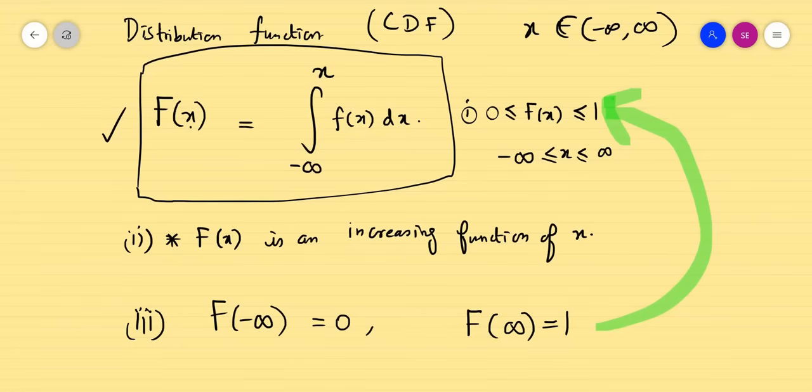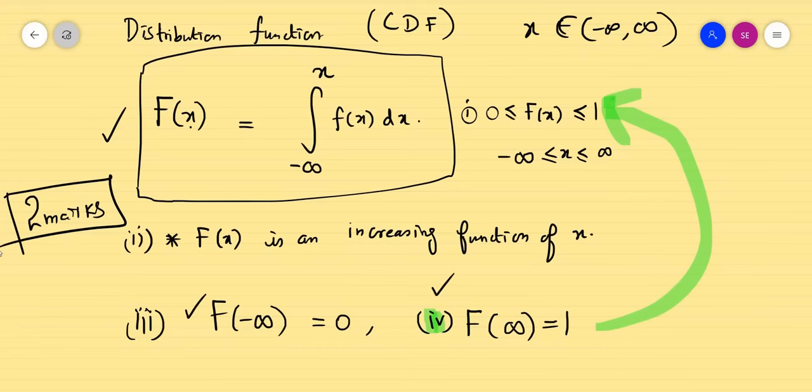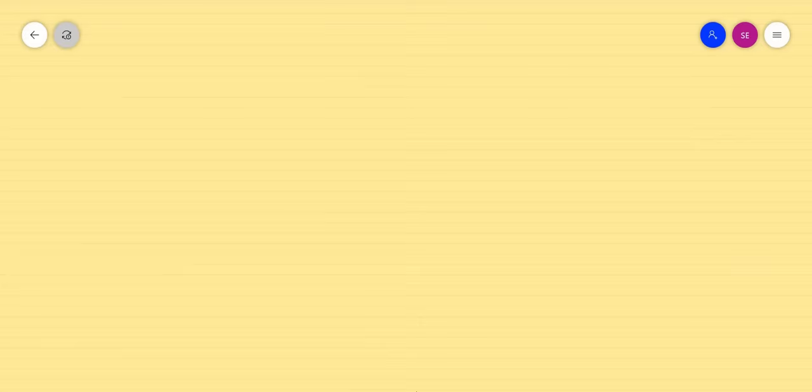So these are the 4 properties of the cumulative distribution function, students. Maybe they can ask you for 2 marks, or an MCQ where they ask about each one of these things: what is this, what are the values between this and this. Okay, so we have covered the basic idea.